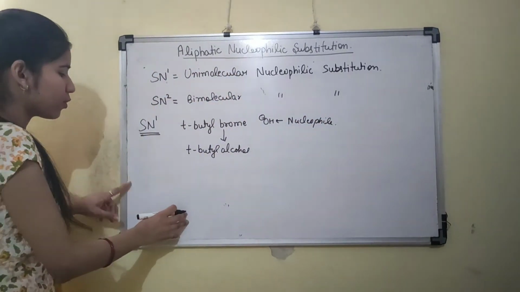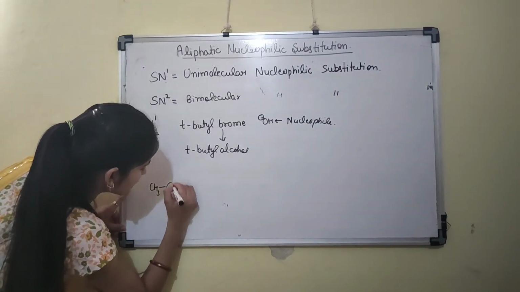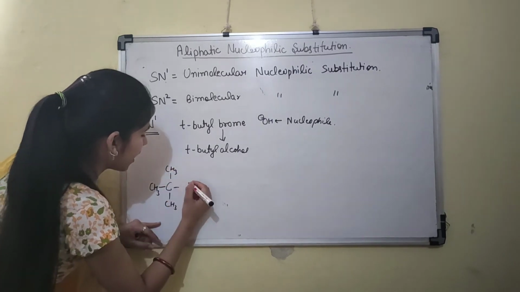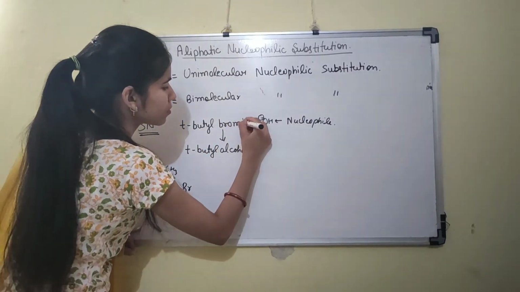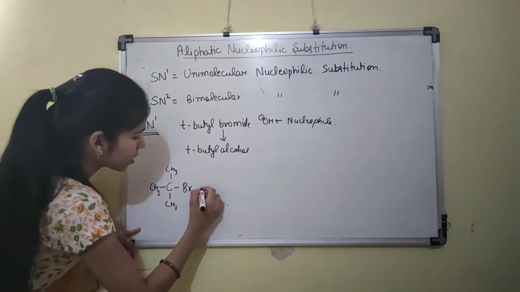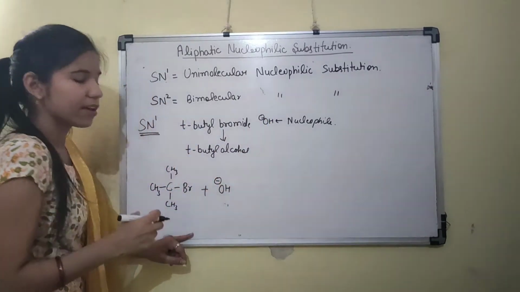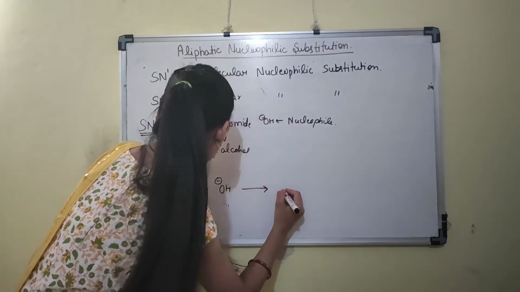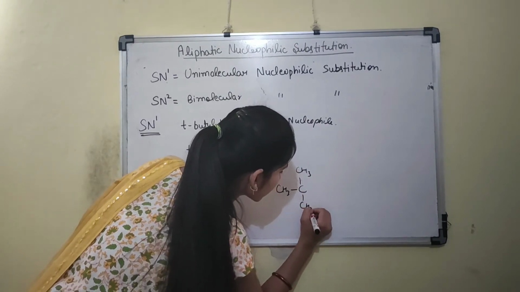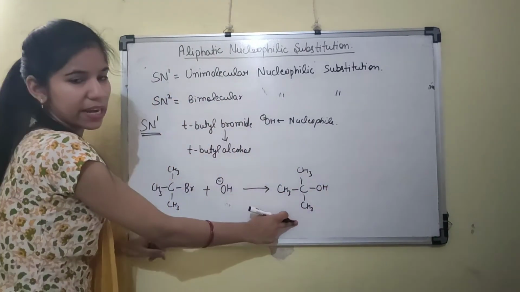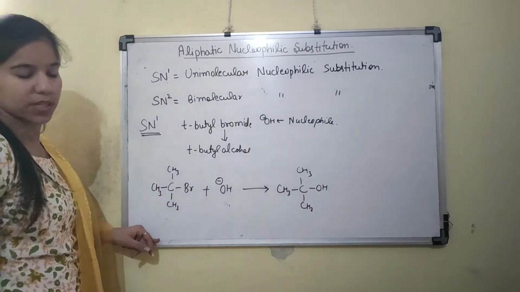So the reaction is followed by C, CH3, CH3, CH3 and Br. This is t-butyl bromide and OH negative is the nucleophile. When they react, they form CH3, C, CH3, CH3, OH, t-butyl alcohol. And SN1 mechanism is a two-step process.